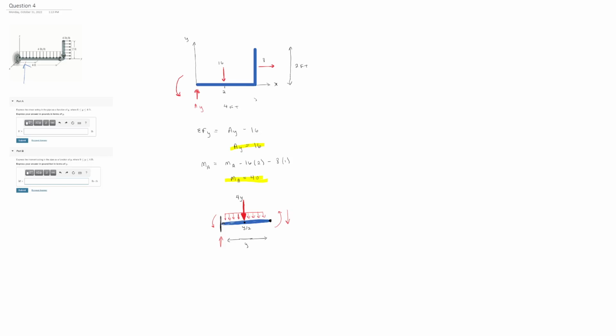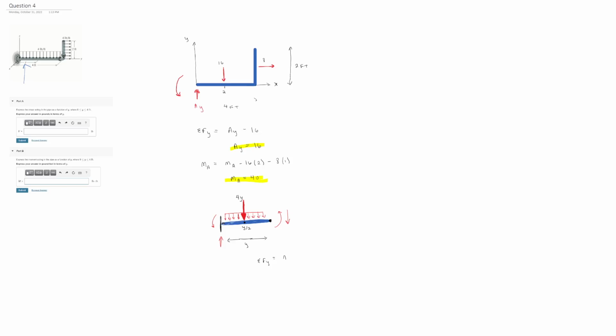First thing you want to do is find the forces in the y. So you go here, sum of forces in y. So what do we have? We have the Ay pointing up.